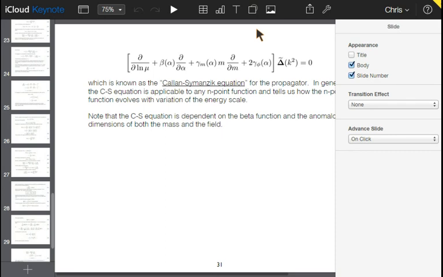But this delta S is arbitrary, just like the principle of least action. You use the same type of concept, so you take that to be arbitrary, and it tells you what's inside the square brackets has to vanish. In other words, you get an equation that looks like this.